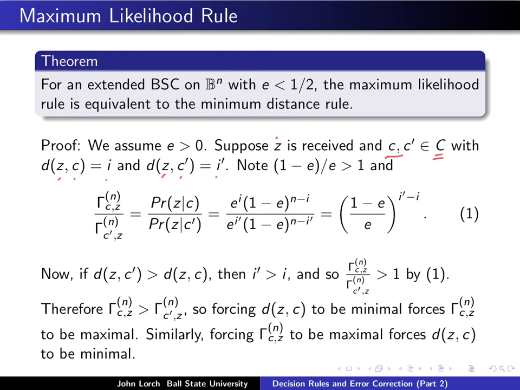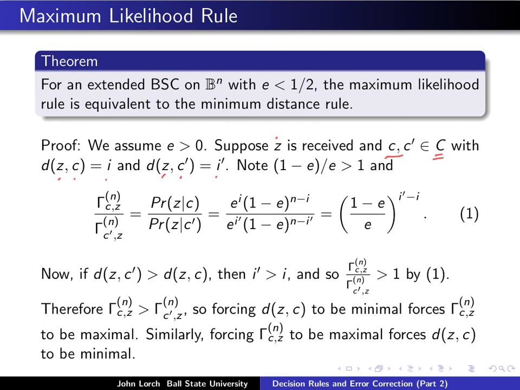Now, one thing that we notice is that because e is less than 1/2, this quotient (1 minus e) over e is larger than 1. That is going to be an important fact that we'll use a little bit later. Now if we take the quotient of these two channel matrix probabilities, gamma c z and gamma c prime z, well, what are those?